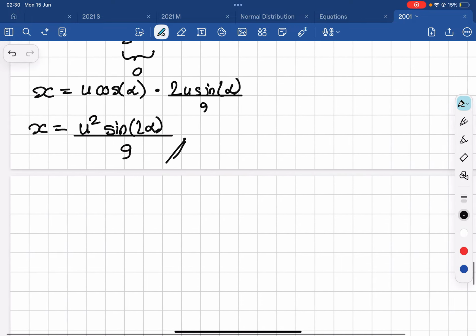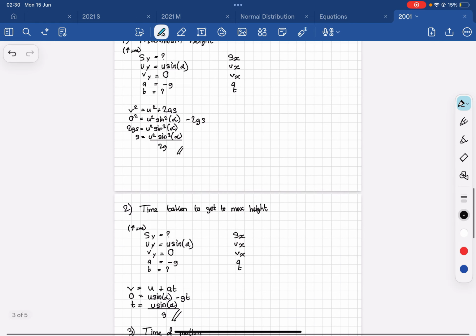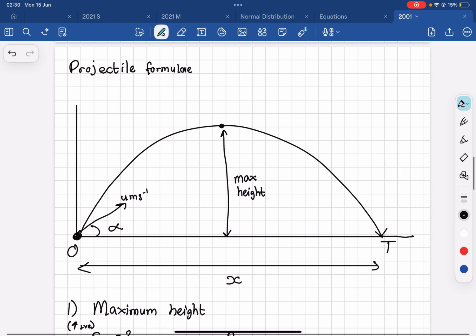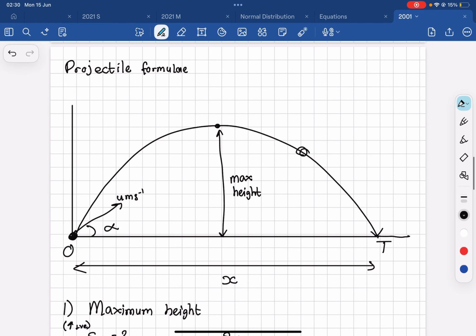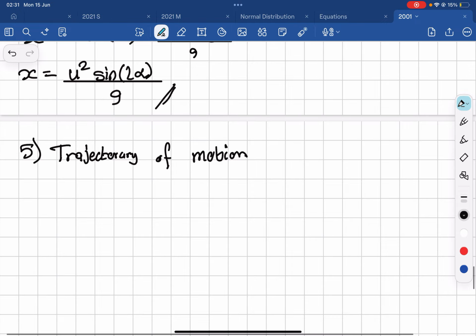And now on to the final one. We call this the trajectory of motion. So this involves essentially just taking any point, let's say the point (x, y), on the path of the projectile. What can we find from the equation we're going to derive? So let's just get in everything we know.